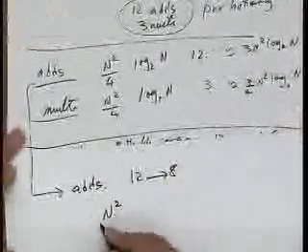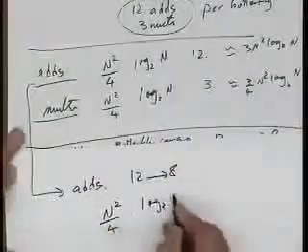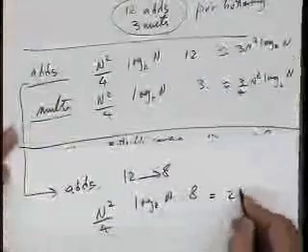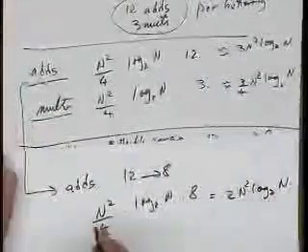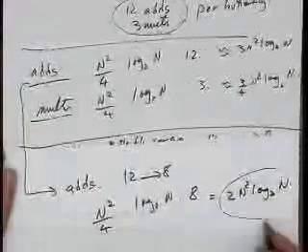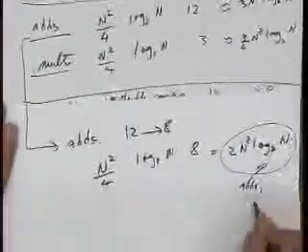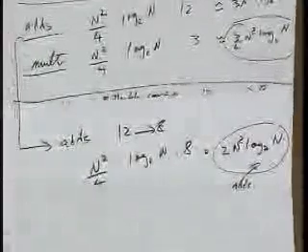That means I can do n over 2 over 4 times log 2n times 8, which is 2n squared log 2n. And so that's the number of adds. And the number of mults remains the same, which is 3 over 4 n over 2 log 2n. Okay?